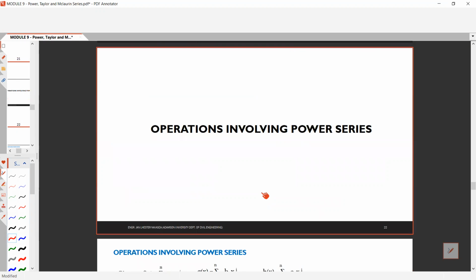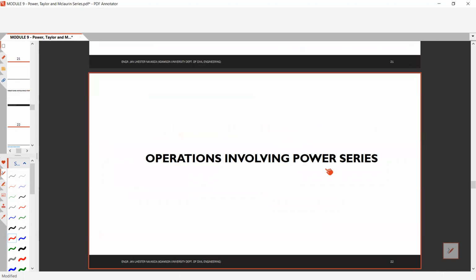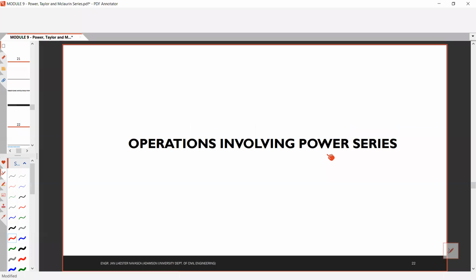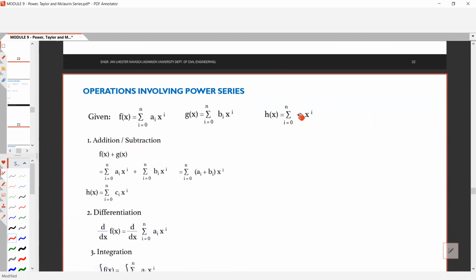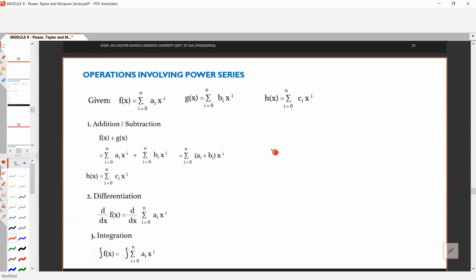Okay. So for operations involving the power series, meron din siyang mga operations, may mga plus, minus, times, divide, basic operations involving the power series. So let's say ito yung f of x natin, ito yung g of x natin, ito yung h of x natin. Ito yung mga power series expansion natin, for example lang.